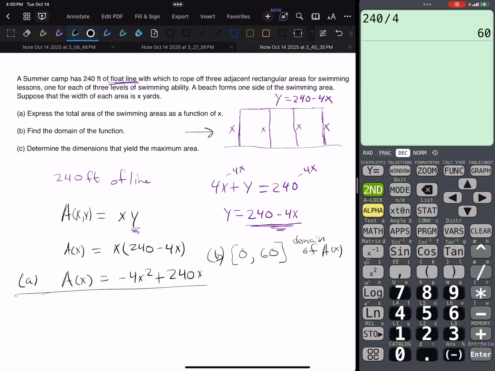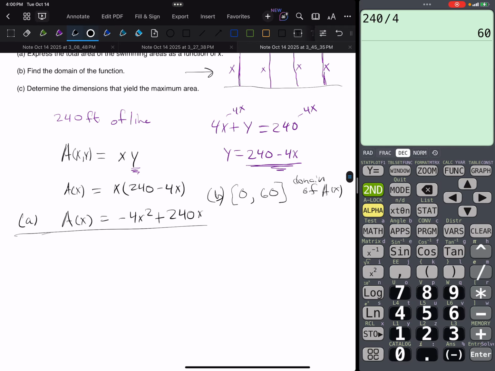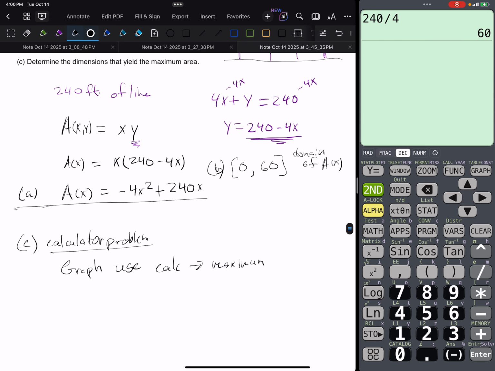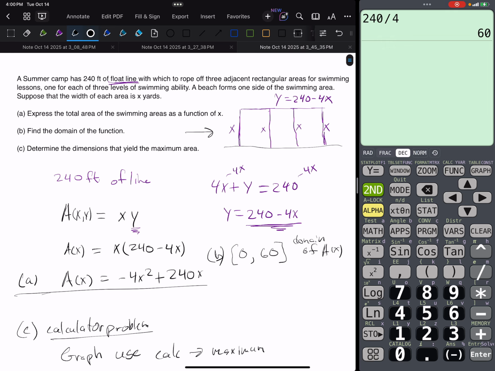What we're going to do is graph this, and then use the maximum function on our calculator. And so for C, this is very much a calculator problem. We need to graph and then use the calc and then maximum function in the calculator.